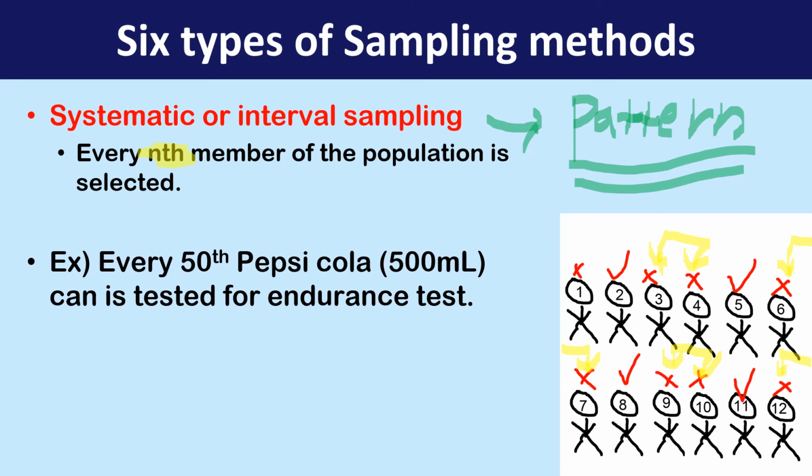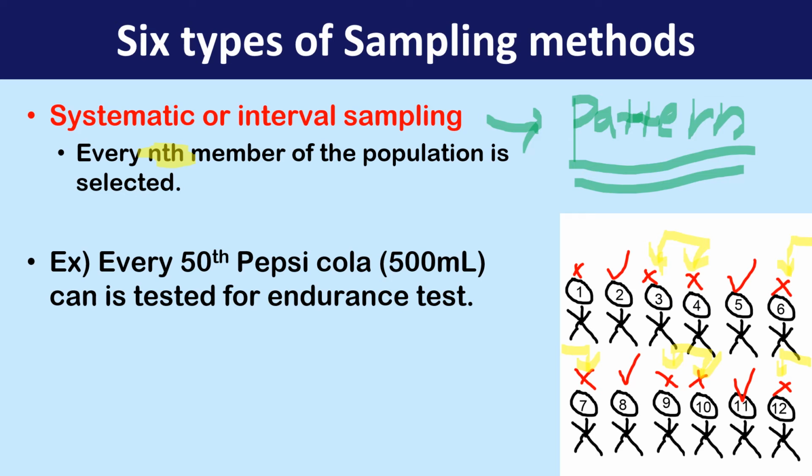Example, every 50th Pepsi Cola, you know, the aluminum can, 500 ml can, is tested for an endurance test, something like that. So maybe, let's say there are 200 Pepsi Colas, then there will be 4 samples because 50, 100, 150, and 200. And every 50th one will be tested for the endurance test.